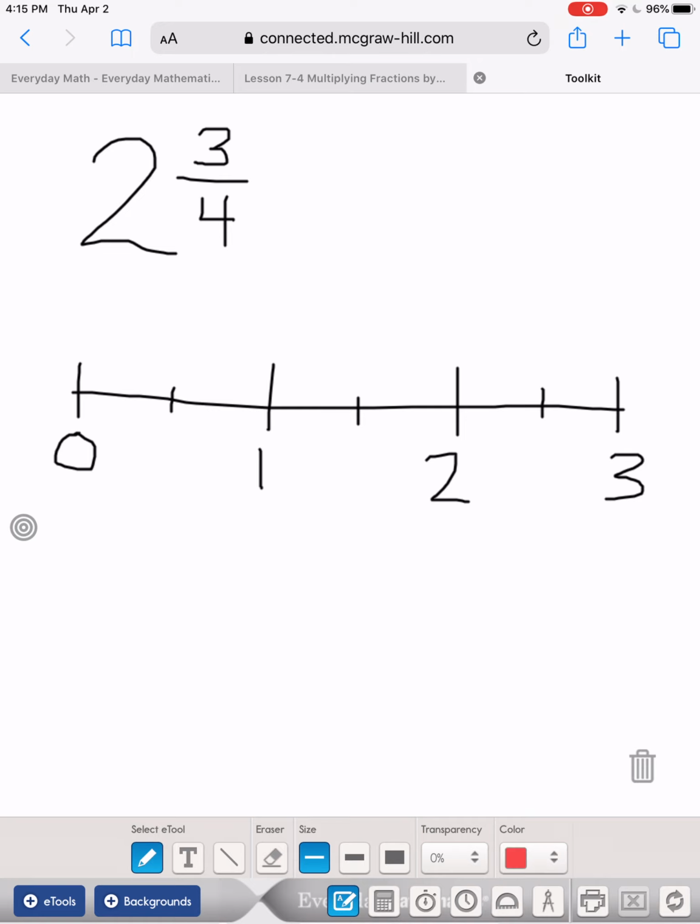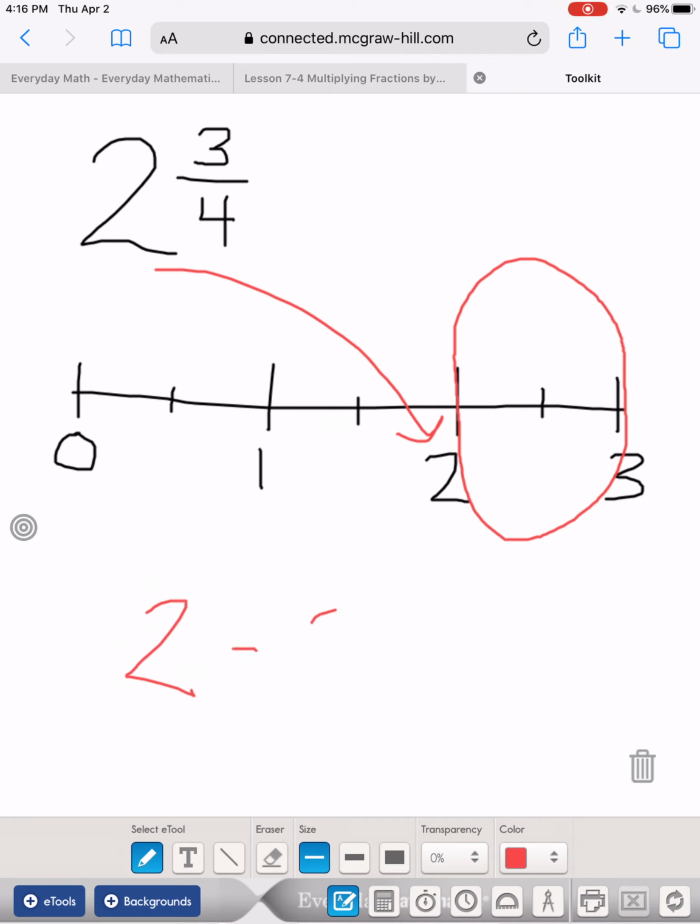I would plot it somewhere in between here, because 2 is right here, and 3/4 is a little bit more. So I know that 2 3/4 is in between 2 and 3. Now I know 3/4 is greater than a half, so I would probably want to plot it right about there. 2 3/4.